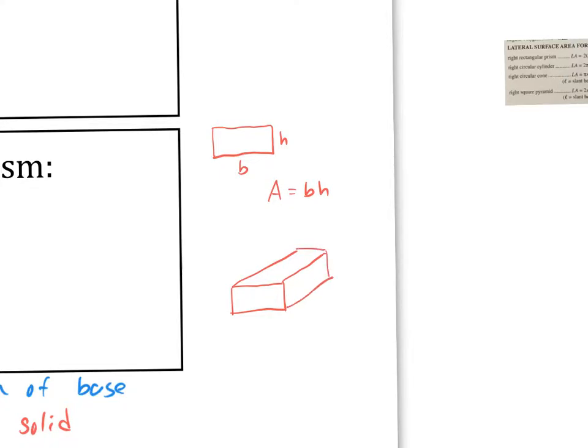Well, it turns out that we have an area of this thing right here, but we also have this distance right there. And that distance is also called H. Why? Because it's the height of my prism.